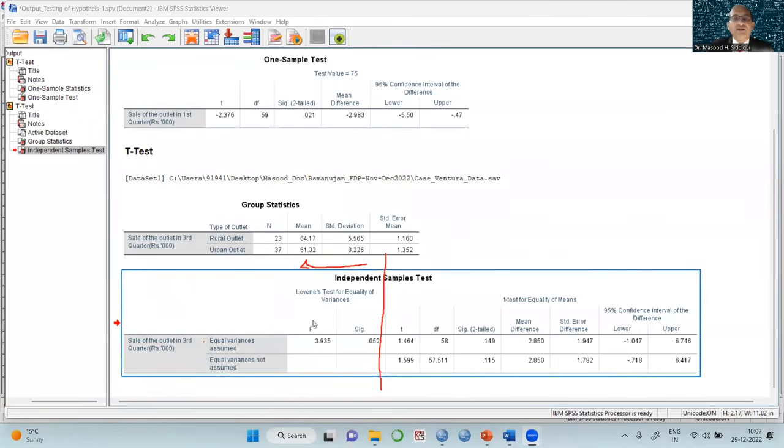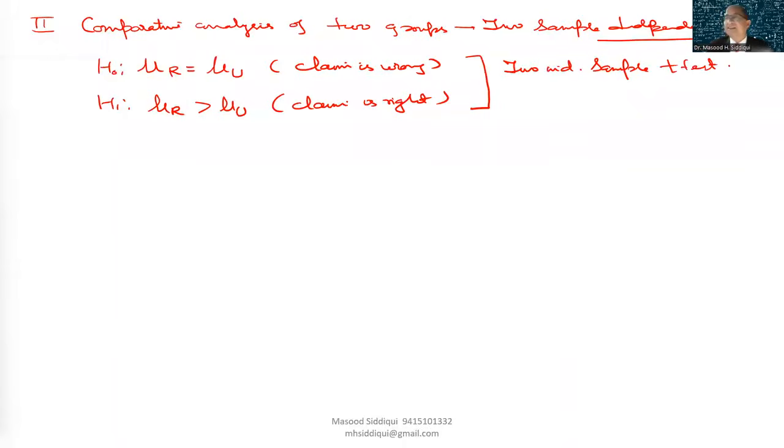So here I will be using these values. I am going back to my screen, the second screen. So here, as we have discussed earlier also, first we will be examining whether we should go with the equal variance or we should go with the unequal variance.